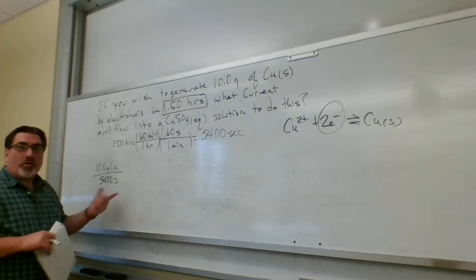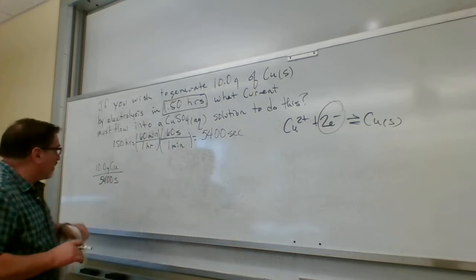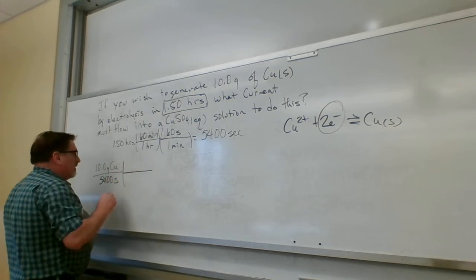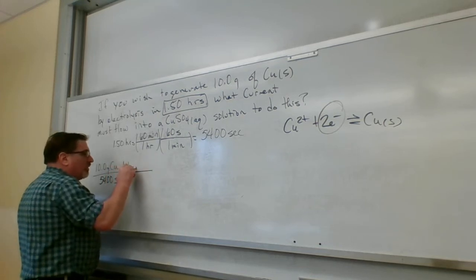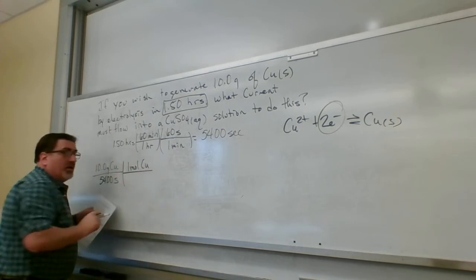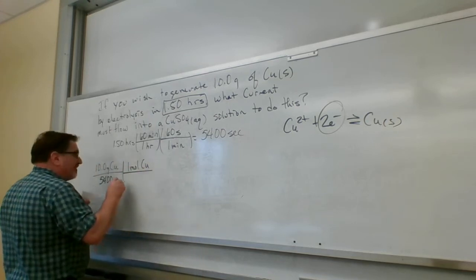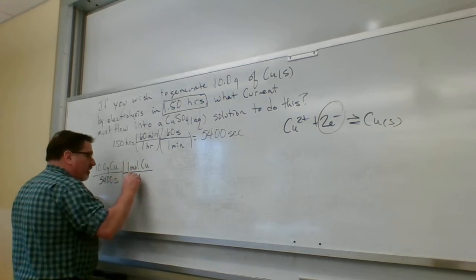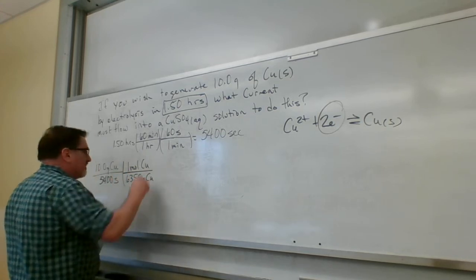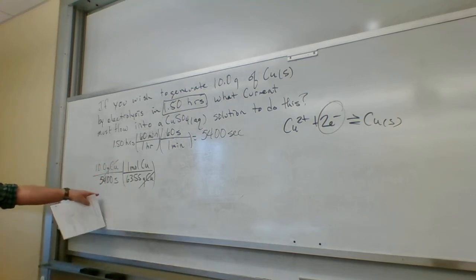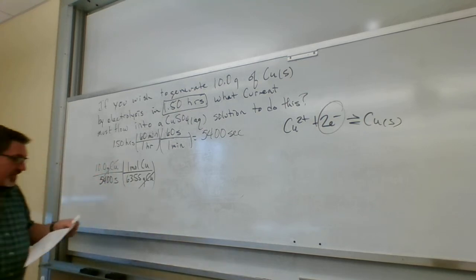So in some ways, we're working this problem backwards to the other one. We're going to go from grams of copper to moles of copper. So 1 mole of Cu, and on the periodic table, we've got 63.55 grams of copper. So now it's that many moles in 5,400 seconds, moles per second.